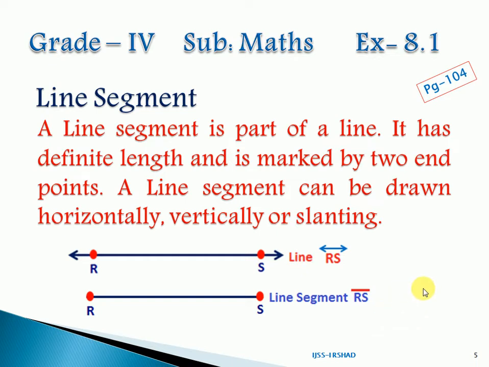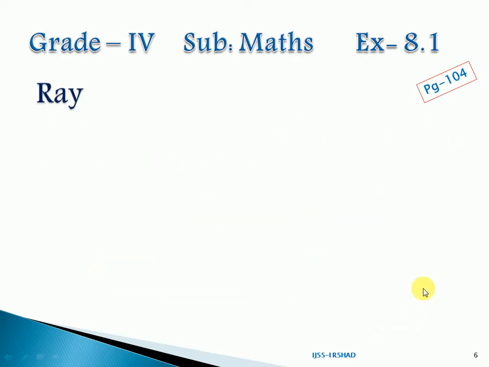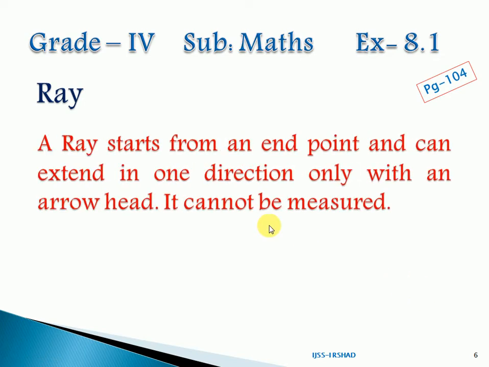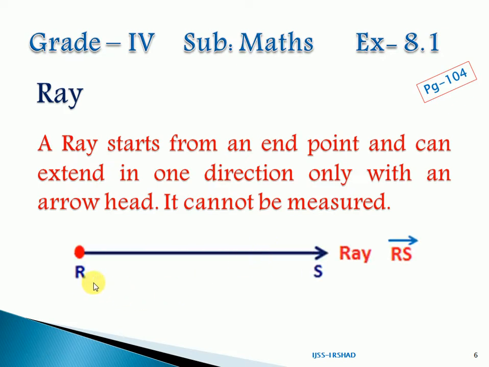Now we'll move to the next term, ray. What is a ray? A ray starts from an end point and can extend in one direction only with an arrowhead. It cannot be measured. You can see in this figure, this is the end point and this is the non-ending point.